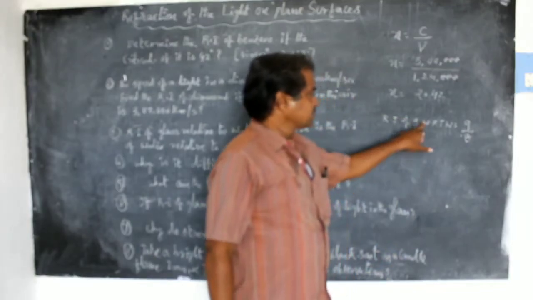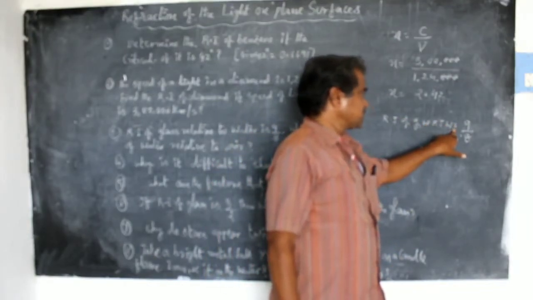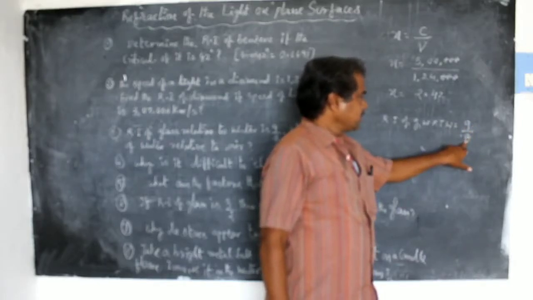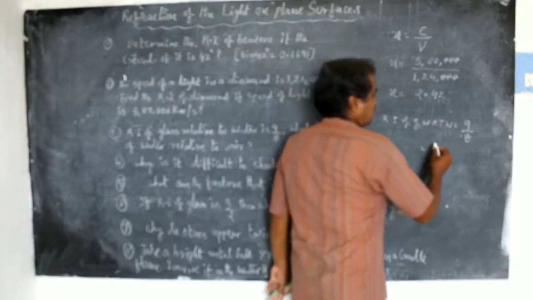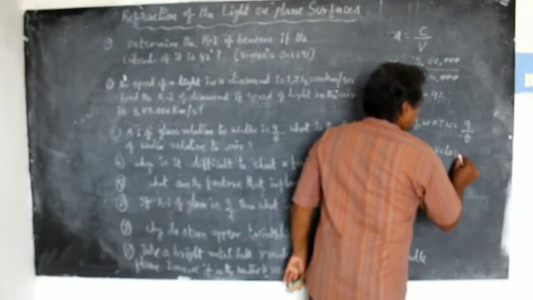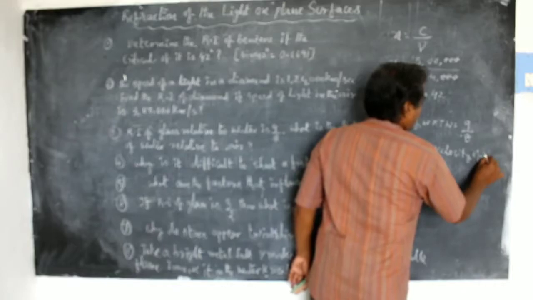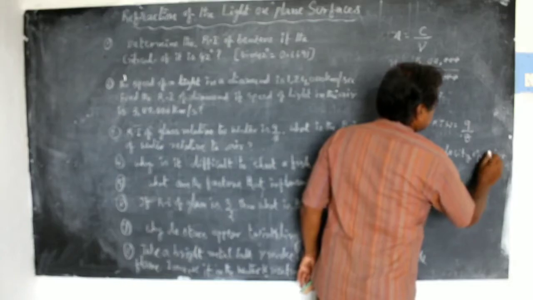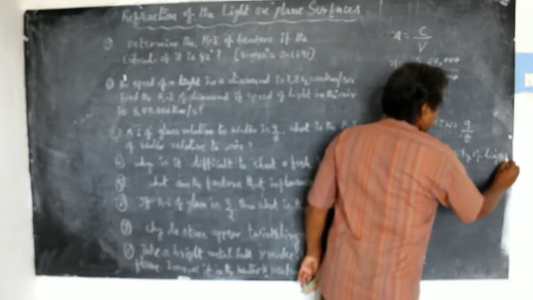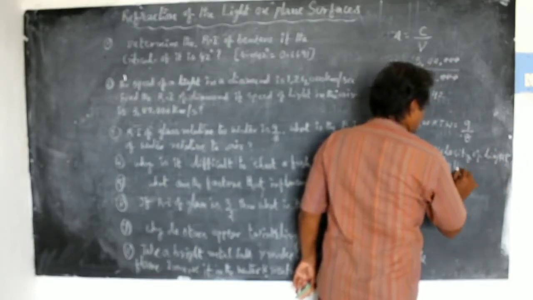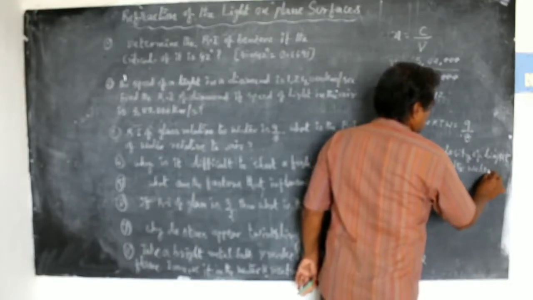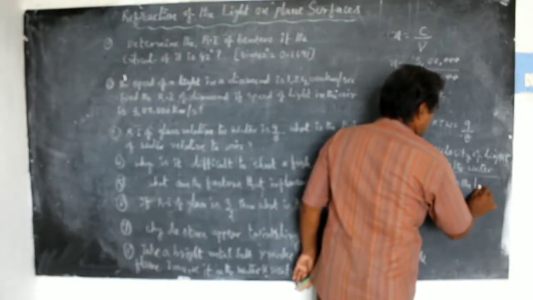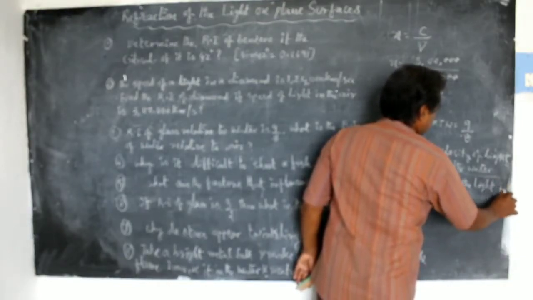Refractive index of the glass with respect to water is equal to the velocity of light in the water divided by the velocity of light in the glass.